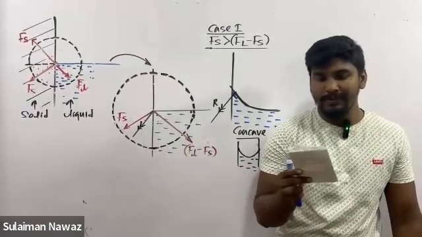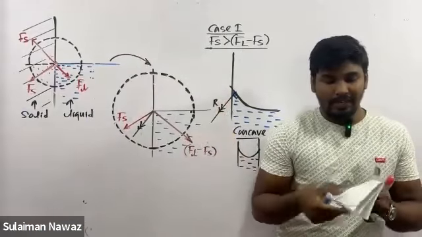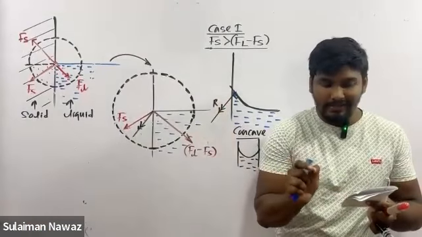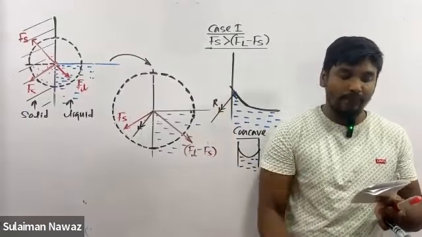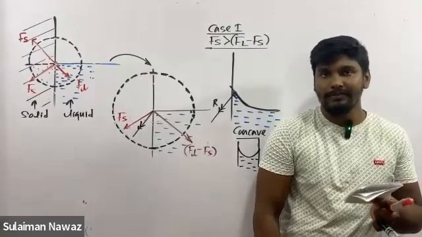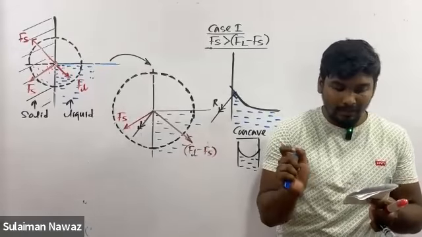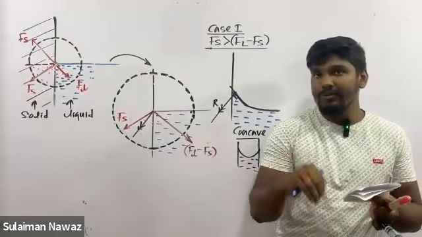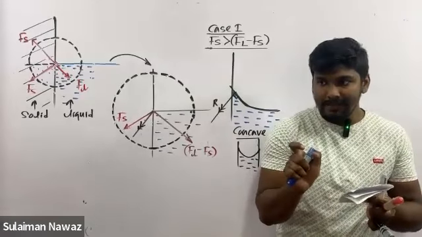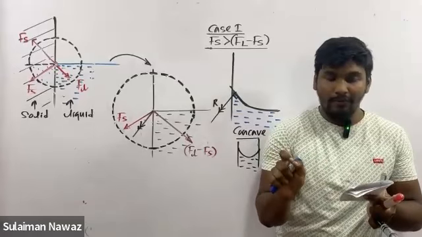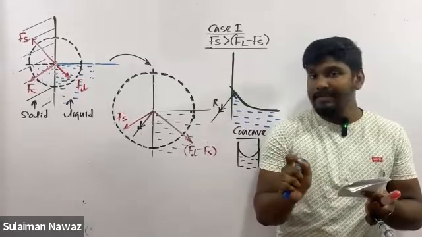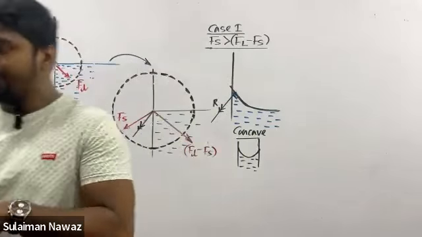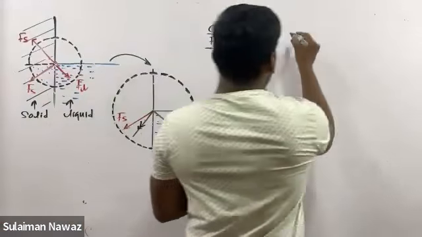In this concave diagram, the resultant force acts towards the wall of the vessel. Then the meniscus makes a concave shape. Highlight: resultant force towards wall, meniscus concave shape. That's the idea. Case number 2.